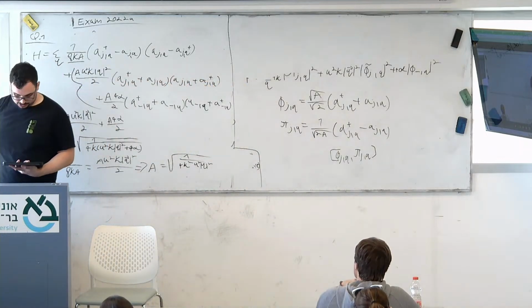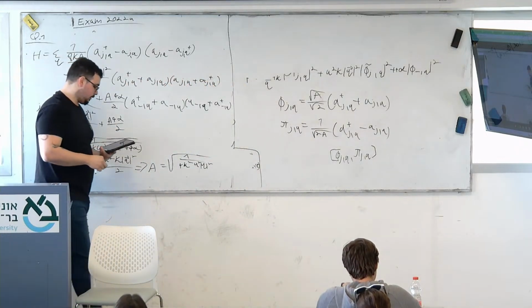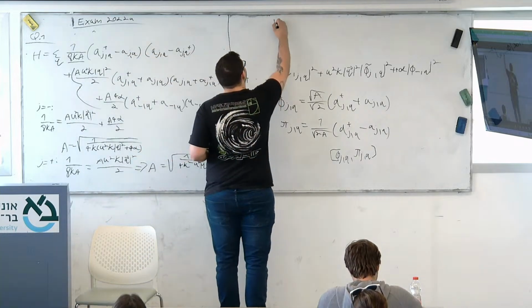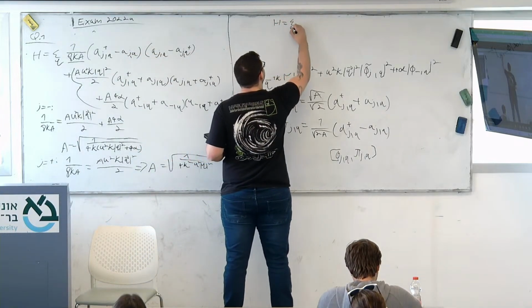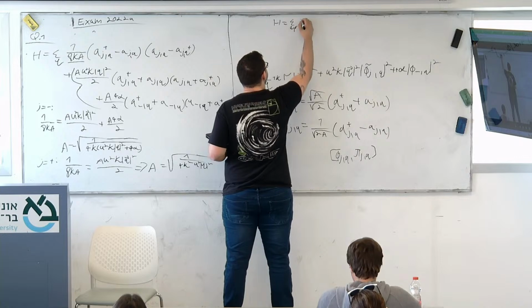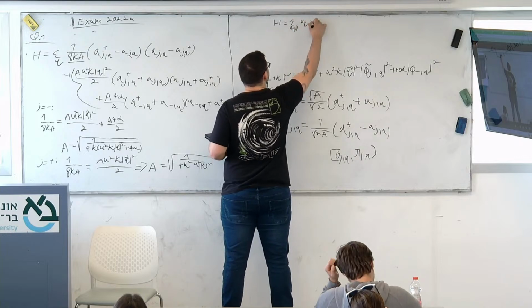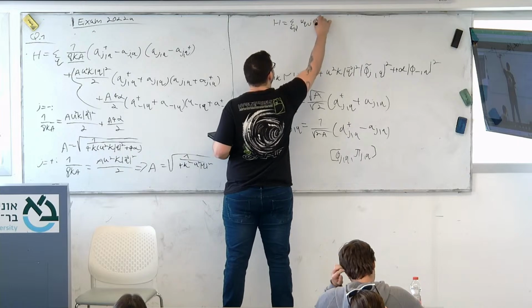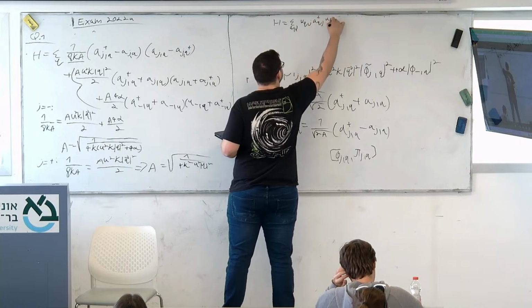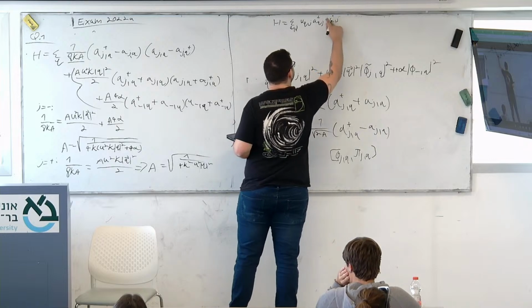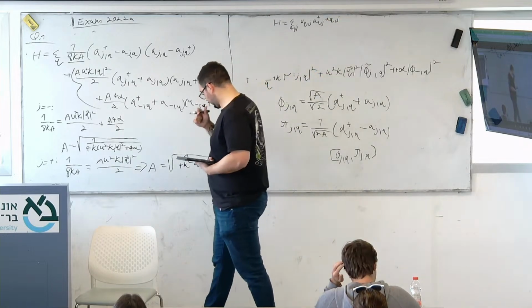Now, we want to achieve a Hamiltonian equal to the sum over Q, j of omega Qj, EQJ dagger EQJ. Okay.